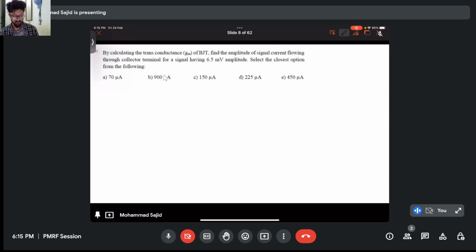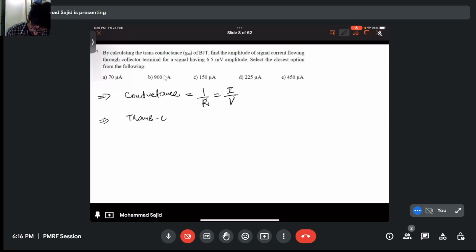Okay, now the next question is calculating the transconductance GM of the BJT. We know conductance, again just for repetition, is the inverse of resistance, given by I by V. And transconductance will be a transferred conductance, right?